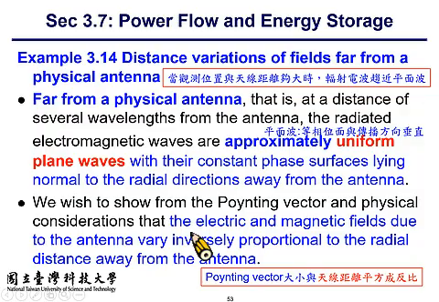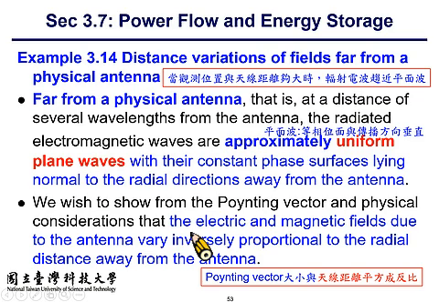So here's example 3.14, distance variation of fields far from a physical antenna. In this example, we would like to calculate the power emanating from an antenna. Assume that the observation plane is very far away from the source, so that the electromagnetic wave approximates a uniform plane wave. Then the calculation can be simplified.